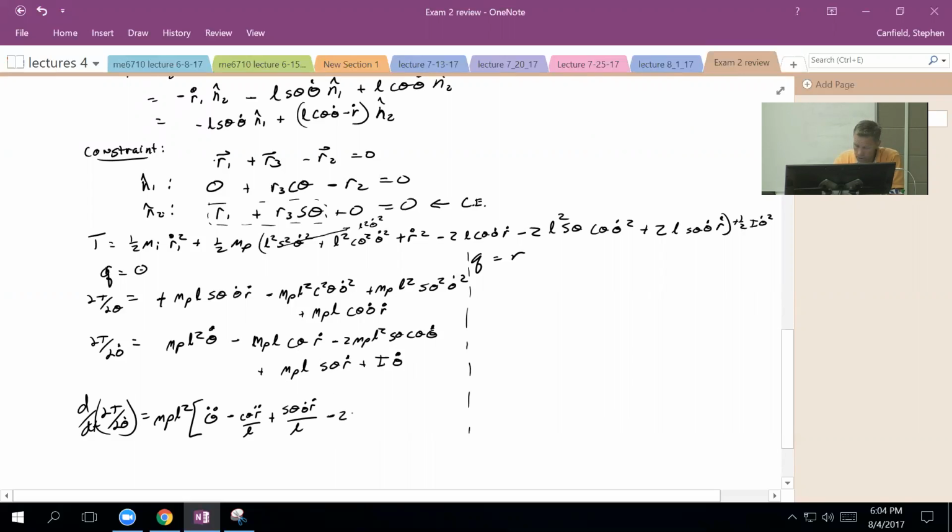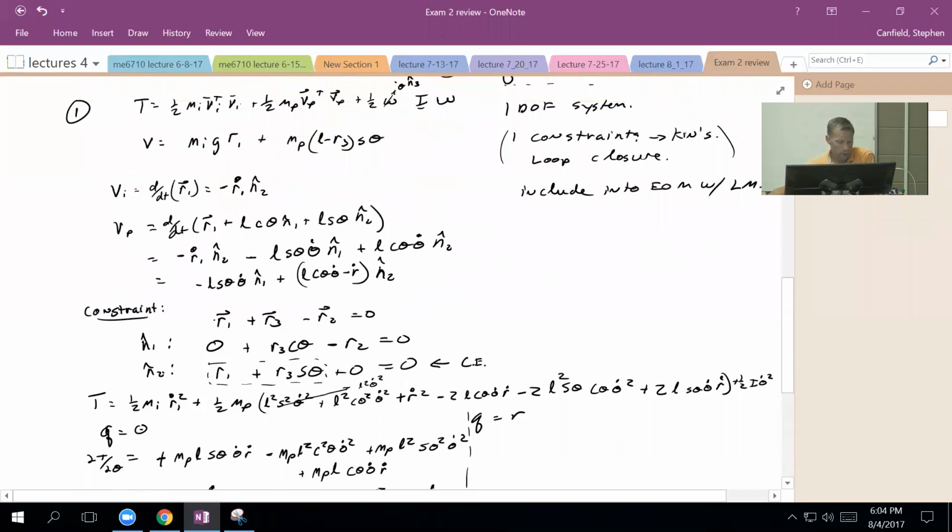Minus 2 sine theta cos theta theta double dot, minus 2 cos theta squared theta dot squared, plus 2 sine theta squared theta dot squared, plus cos theta theta dot R dot over L, plus sine theta R double dot over L, plus I theta double dot. Lots of terms. Wow.